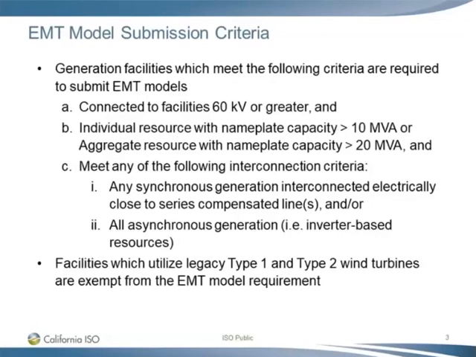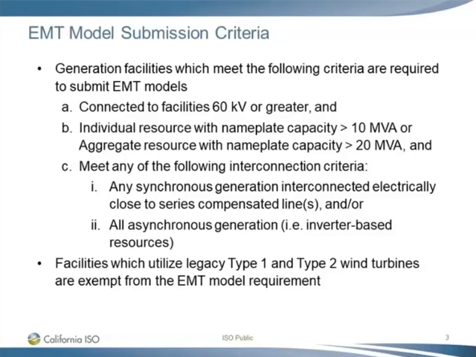The ISO has updated the EMT model submission criteria recently, not very recent, but after we launched the BTM process in 2018. So the new criteria require EMT models for all generating resources if they meet all 3 conditions set here, A, B, and C. First, the facility is connecting to 60 kV or higher.